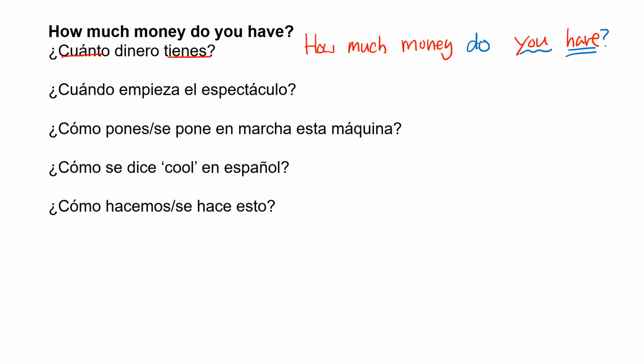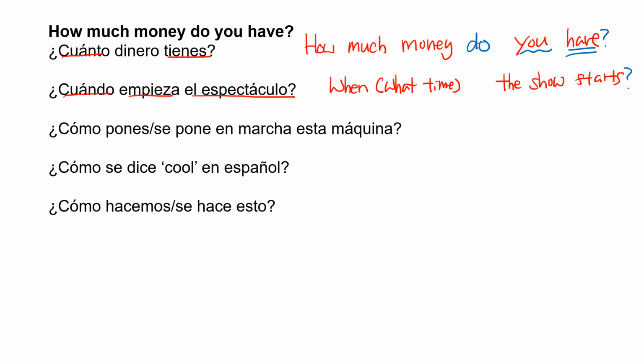¿Cuándo empieza el espectáculo? So cuando is when. When, or you can say what time. Empieza el espectáculo. The show starts. When the show starts. But again, this is a question.